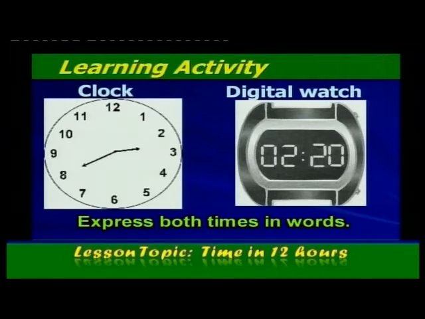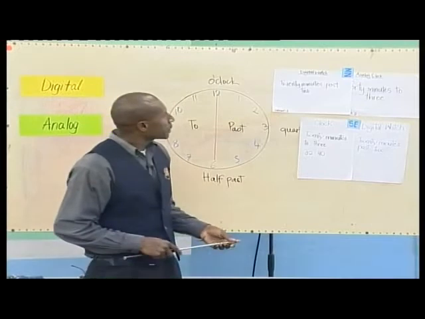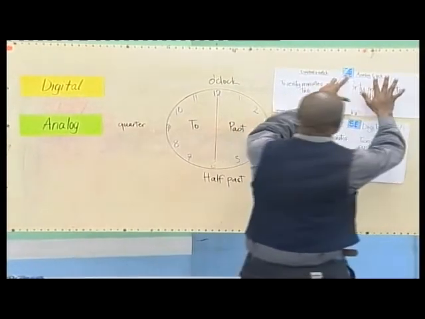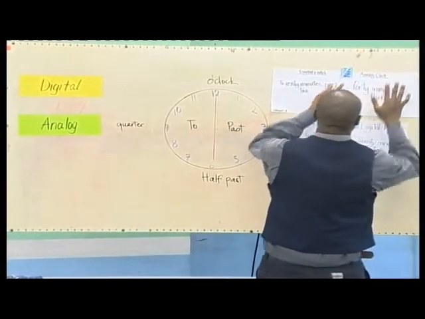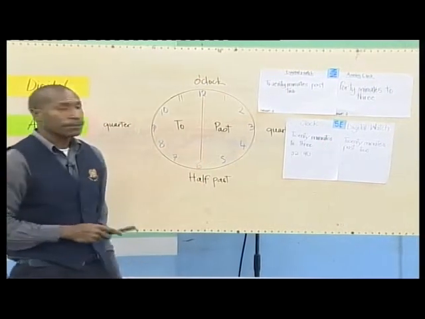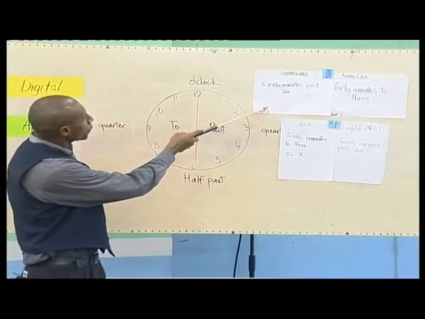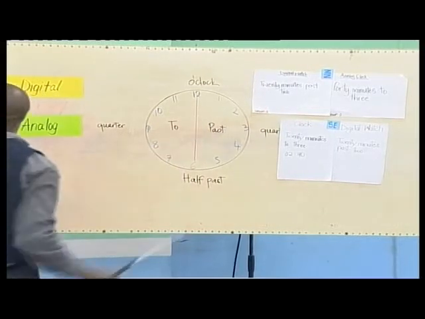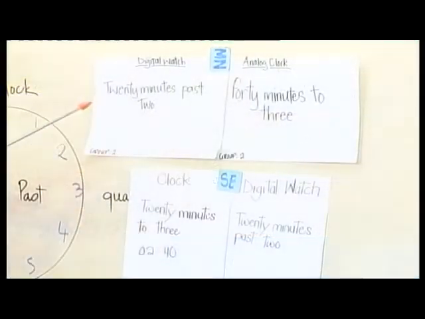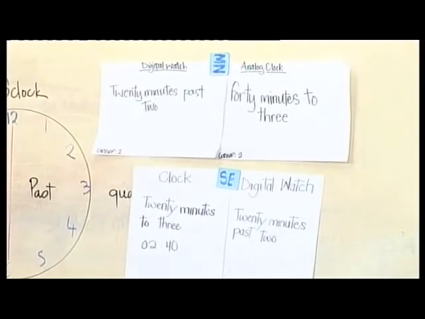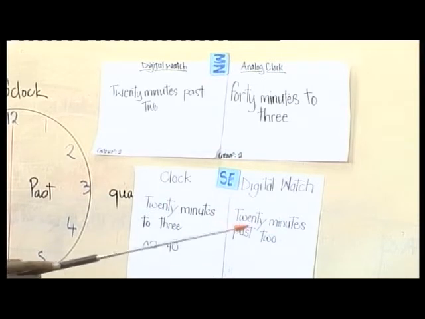All right, students, we have two groups' work which is displayed on the board. Now I would like us to check these two groups' work here. Okay, group 2 and group 4. Now group 4, group 2, digital watch time in words is 20 minutes past 2. Let's see group 4, 20 minutes past 2.